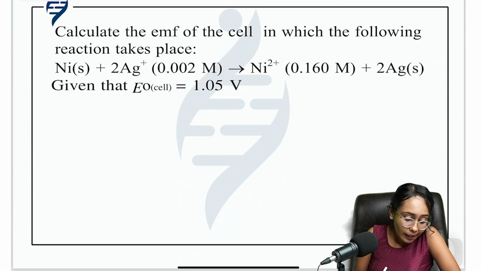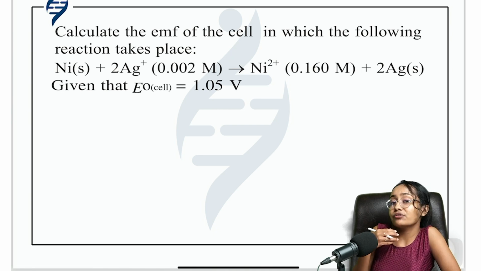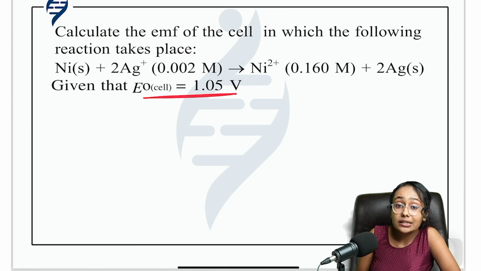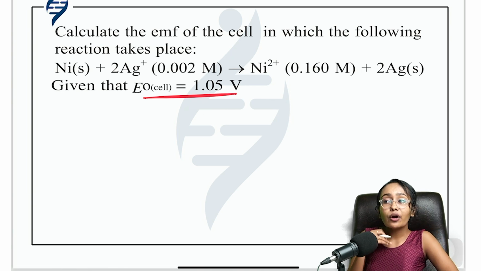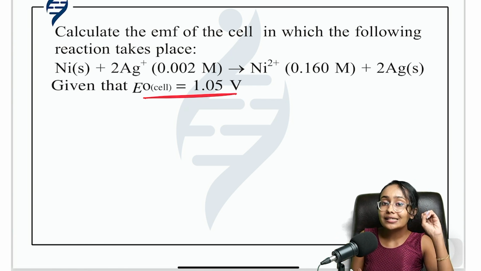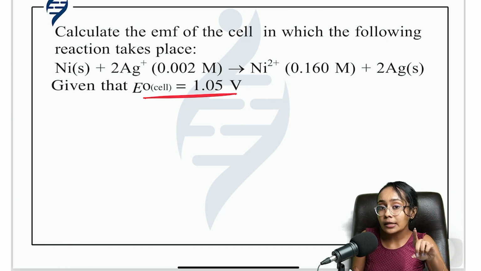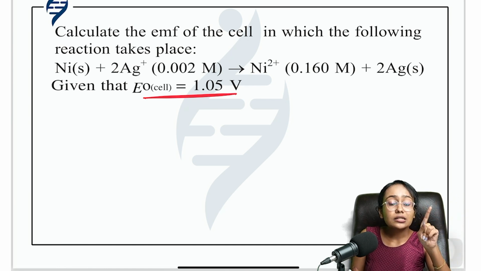Second question. Calculate the EMF of the cell in which the following reaction takes place. You need to find the EMF or the cell potential, and you are provided with the standard cell potential. What's the relation between cell potential and standard cell potential?